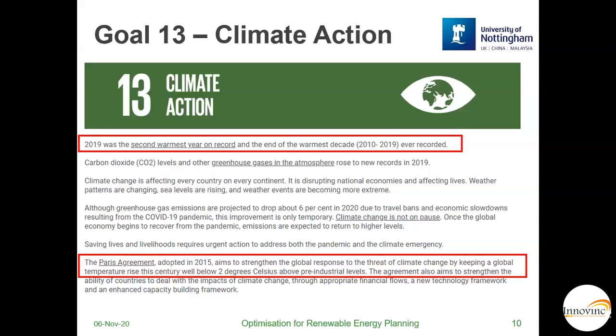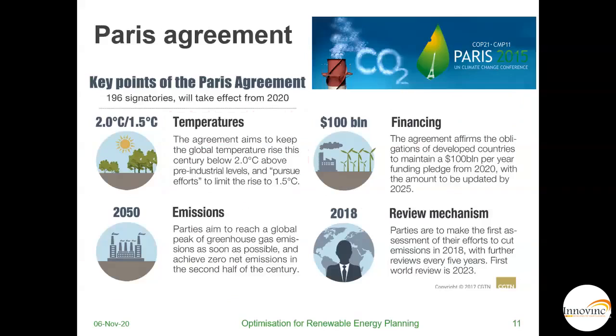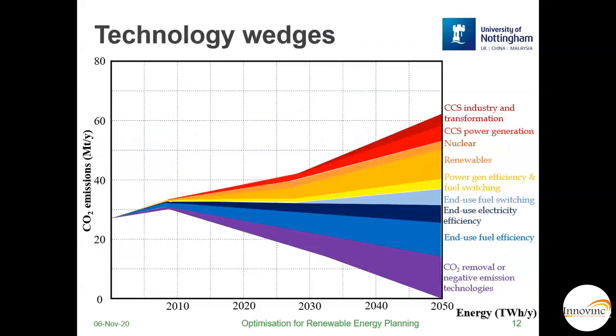Down there you can see that the Paris Agreement, adopted in 2015, aims to strengthen the global response to the threat of climate change by keeping the global temperature rise below 2 Celsius by the end of this century, and pursuing efforts to limit it to 1.5 Celsius. This was also in 2015, the same year as the SDG launch.